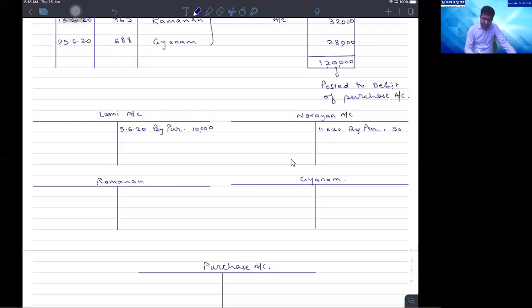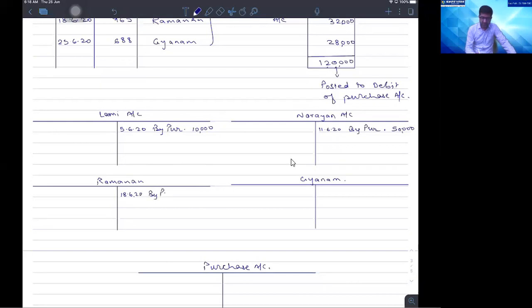In Ramanan account credit side, 18th June. In the examination, if this kind of question comes, generally not expected, but if at all, you're not supposed to prepare it in this short format. You have to prepare the accounts properly because the question will be focused only on that. Here we are doing it just for the sake of understanding.